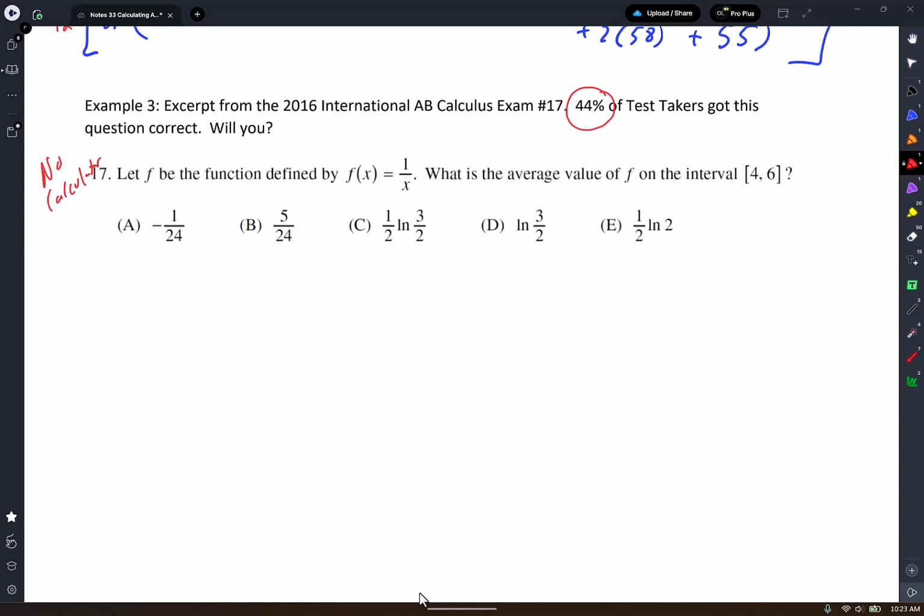First, do the formula. Do the setup. I'm confused. Do the formula, Cruz.